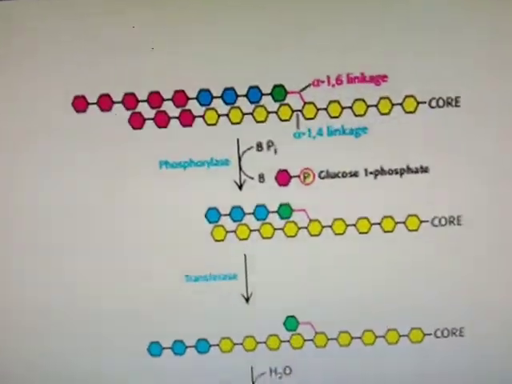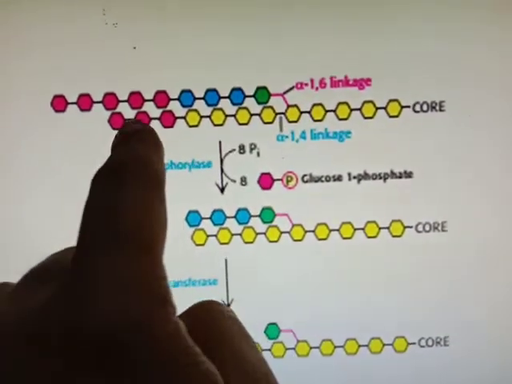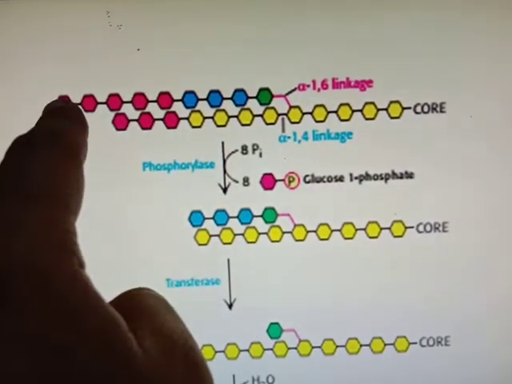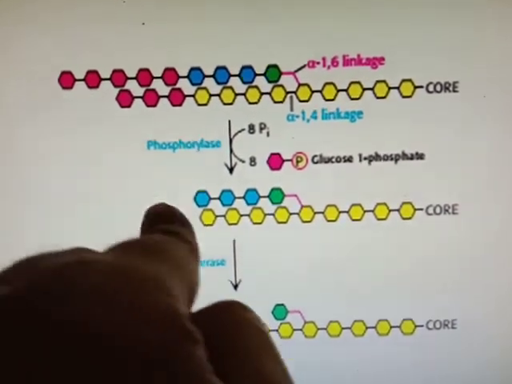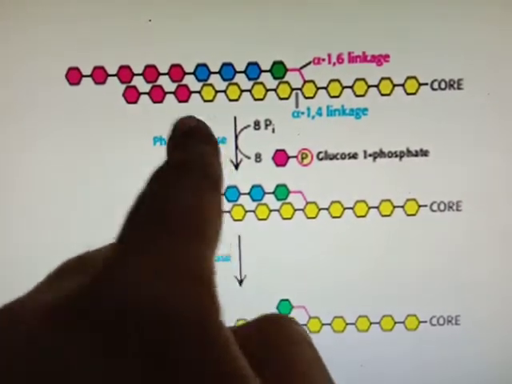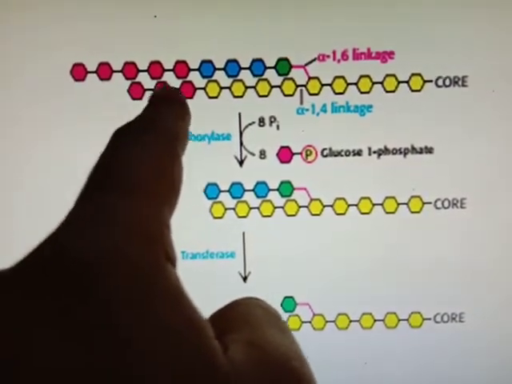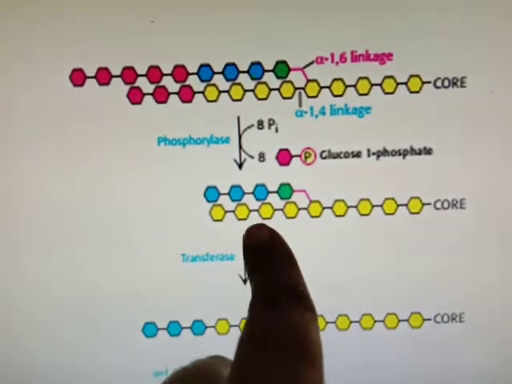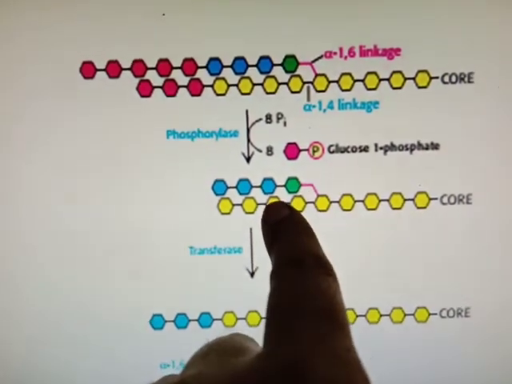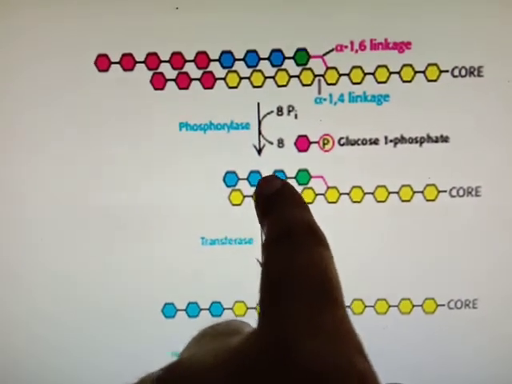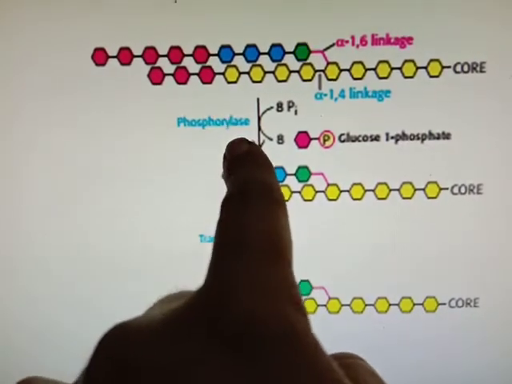Now here see, there are a number of glucose molecules, and again here at the branching point there are a number of glucose molecules. Okay, then phosphorylase enzyme will sequentially remove glucose molecules from here and here, from here and here, likewise until 4 glucose molecules are present from the branching point. Okay, at this point phosphorylase cannot act.